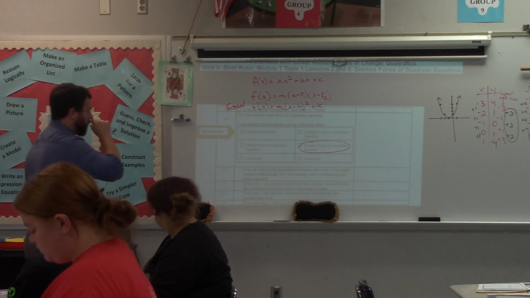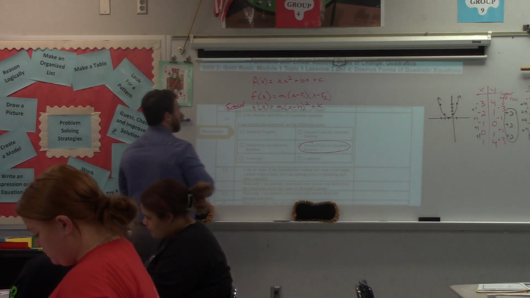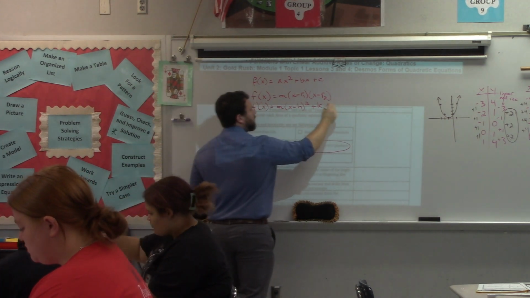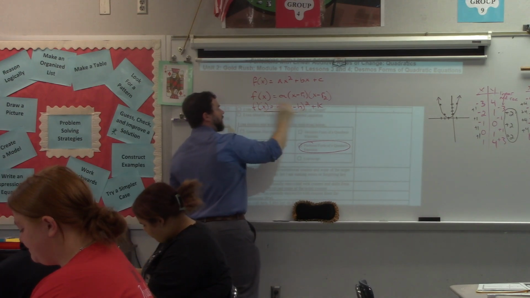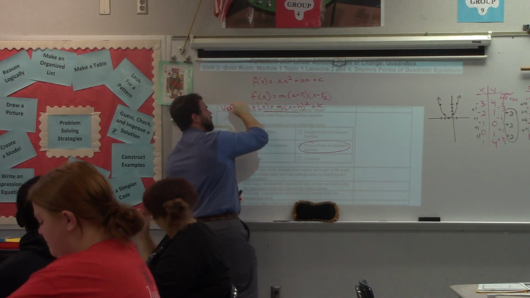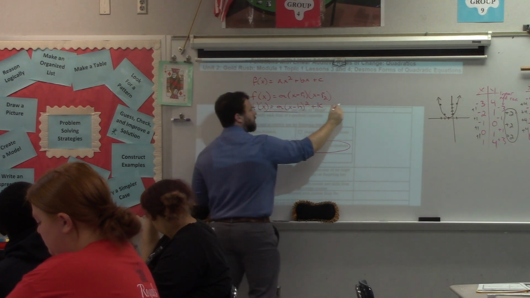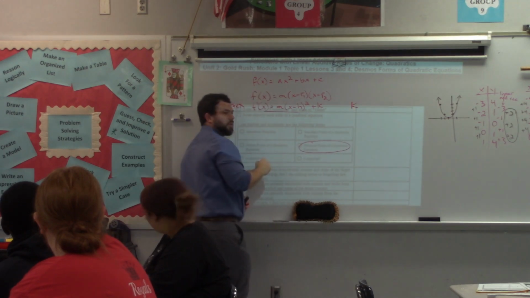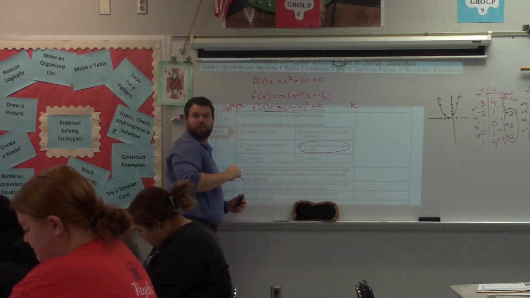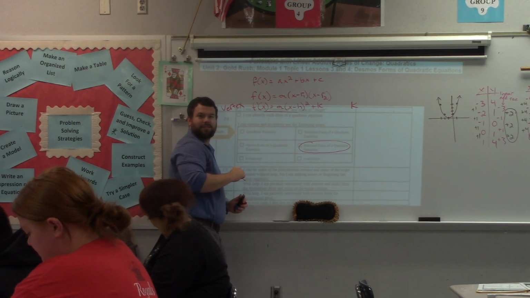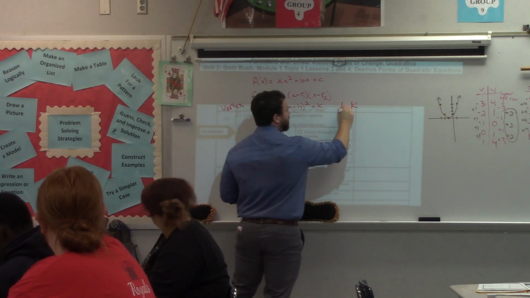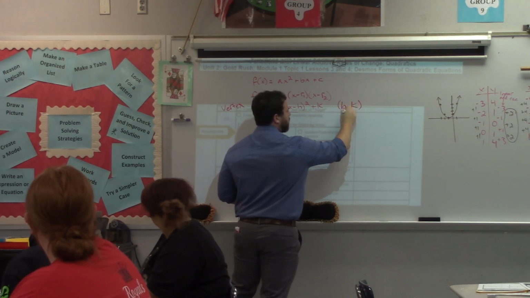Okay, if that's vertex form, which part is the vertex? Which part of this is my vertex? Well, let's look here. So this is vertex form. Which part is my vertex? Was it H or is it K? H is the X value, and K is the Y. Oh, X value the vertex and the Y value the vertex.